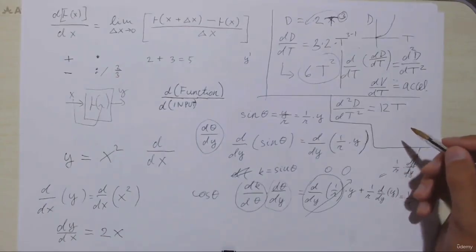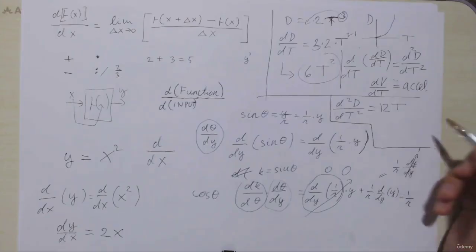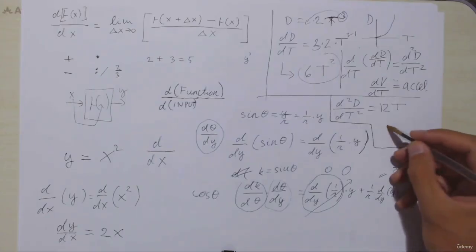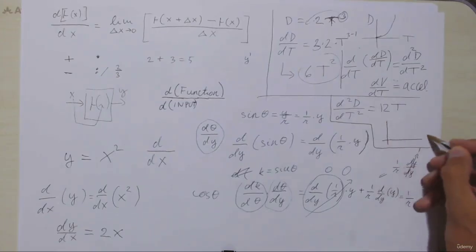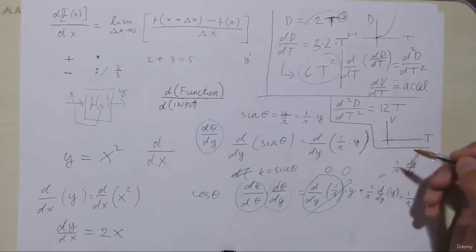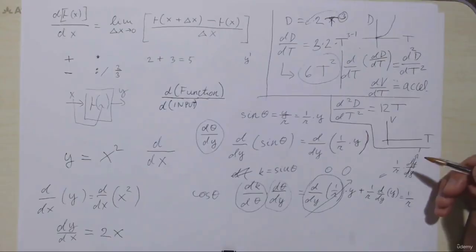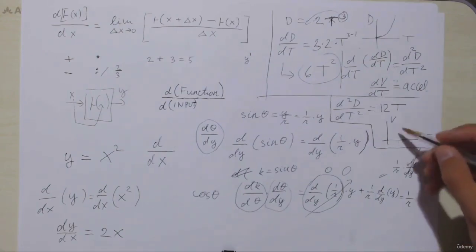It's just how much the speed changes with respect to time. So if you have some kind of straight line function for the velocity, so you have time here and velocity here. And by the way, speed and velocity, they're not quite the same. Speed is how fast you go, and velocity is how fast you go and in which direction. So velocity would be a vector and speed would be a scalar.